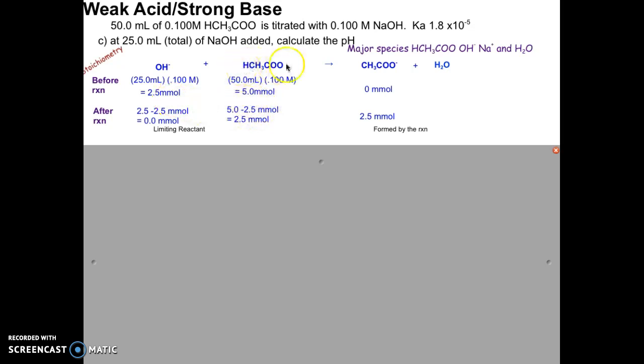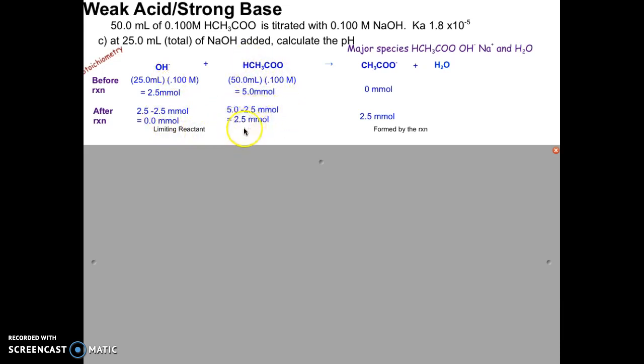I had 50 milliliters of my acetic acid, so that's 5 millimoles. I hadn't made any of the acetate ion. Now what happens is I am using all of my hydroxide because I have 5 millimoles of acid.